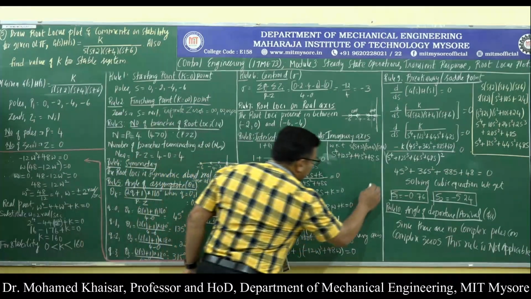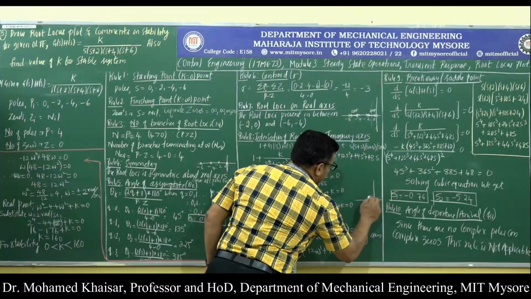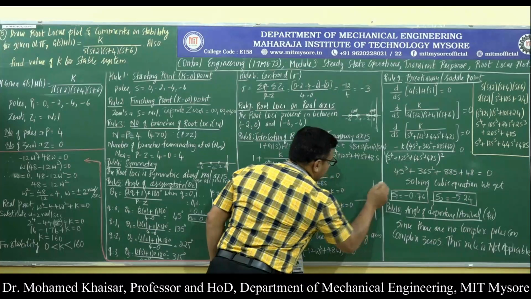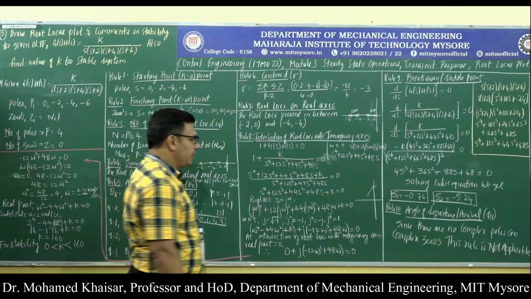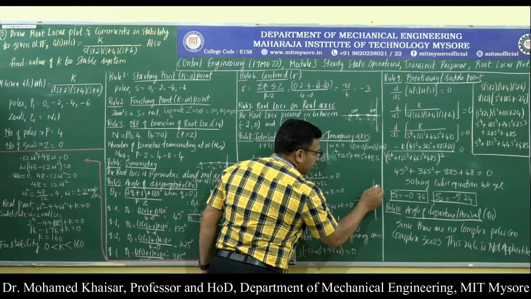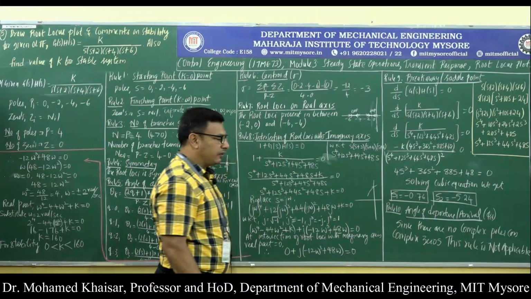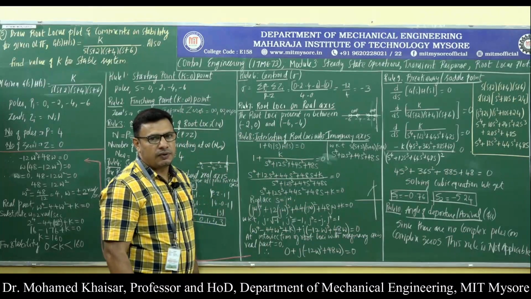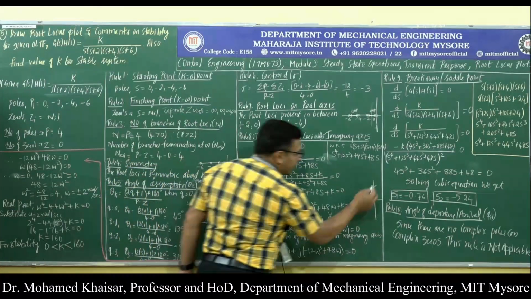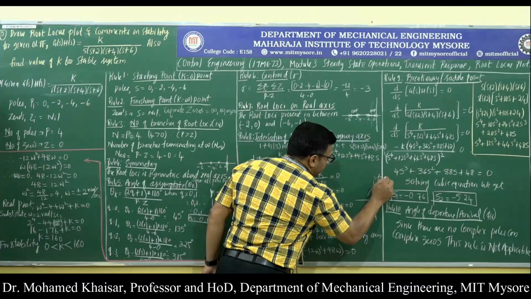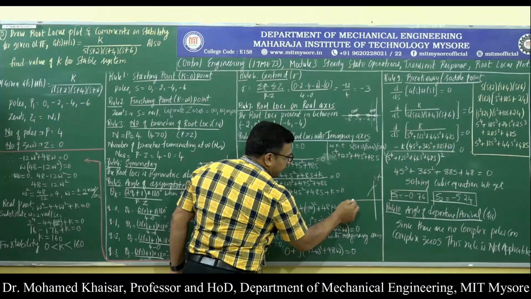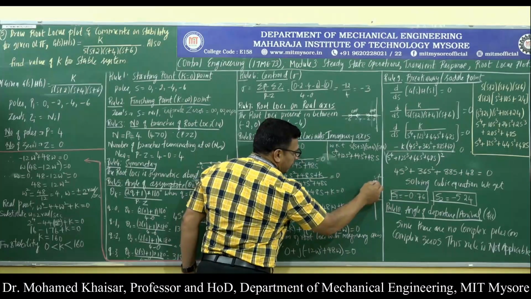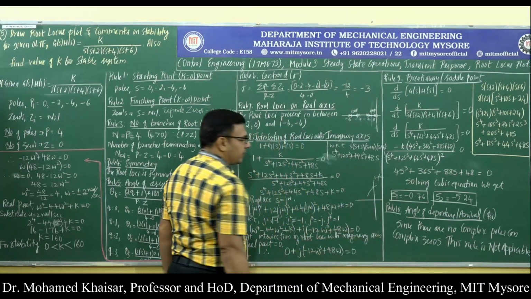So, at the intersection, suppose this is where the root locus is intersecting the imaginary axis, just for example, then at this point what will be the real part? Because this is the S plane, this is the positive real axis, this is the negative real axis, this is the positive imaginary axis, this is the negative imaginary axis.